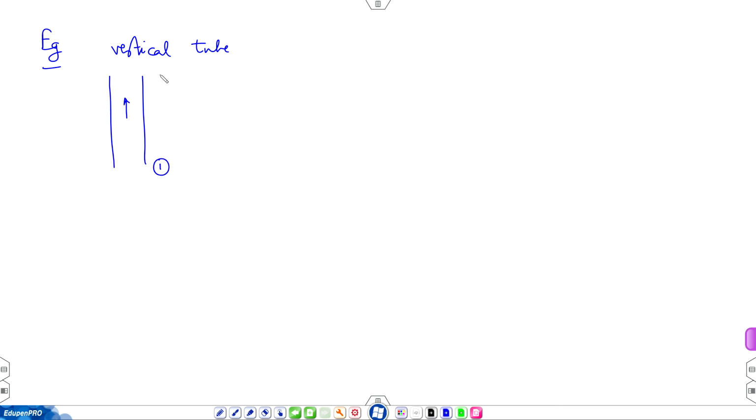So, this is 1. This is 2. Vertical or horizontal, we will have the same equation, E 2 minus E 1 less than 0. Okay. Now, later of course, the flow cannot happen on its own, you have to connect it to a pump. So, a pump with a vertical tube. So, that example we will see later.